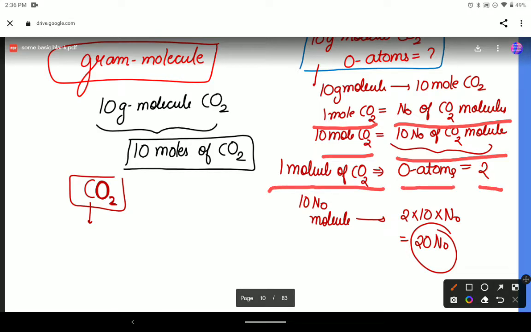So 10 into Avogadro number of molecules means 2 into 10 into Avogadro number, which is 20 into Avogadro number of oxygen atoms present. Hope you understood it clearly.